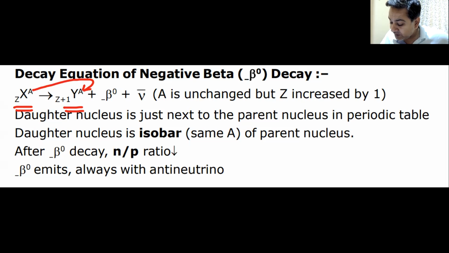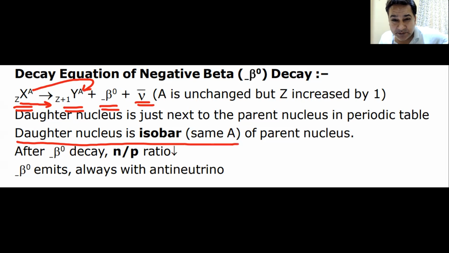But look at the atomic number. Is the atomic number changing? Yes, sir. Why is it changing? Because I have one proton produced. Then I have this beta particle coming out, which is an electron, and I have this antineutrino. This daughter nucleus is an isobar. It has the same mass number.